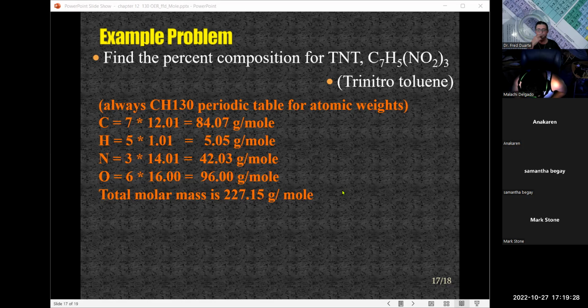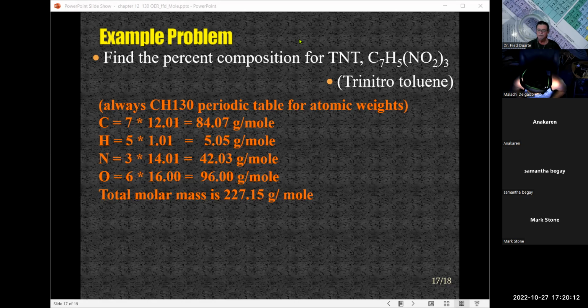Now, let me ask you this. How many atoms, no, how many molecules of TNT would I have if I weigh out 227.15 grams? How many individual molecules would I have if I weigh out 227.15 grams of TNT? Anybody taking a shot at that?